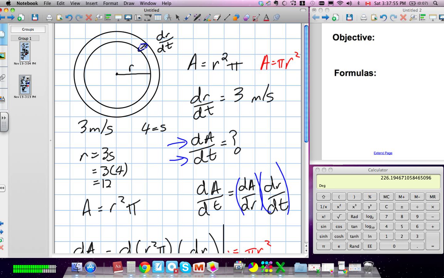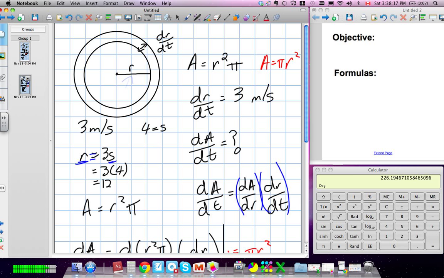Now, in the question, they've told us that the radius of the circle changes at 3 meters a second, and they want us to find the area of the circle after 4 seconds. Right away, that tells us about our major variable, which is the radius of the circle. We know that the radius is going to be equal to 3 times the amount of seconds that have passed. Okay?